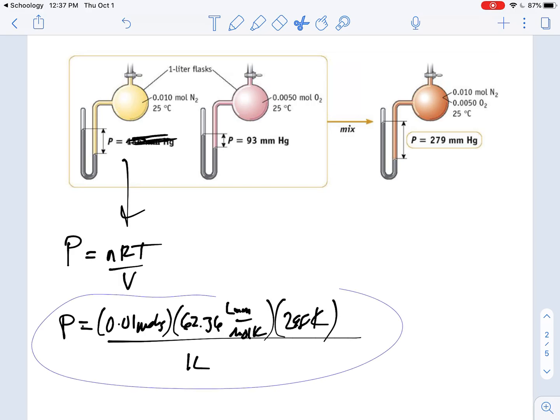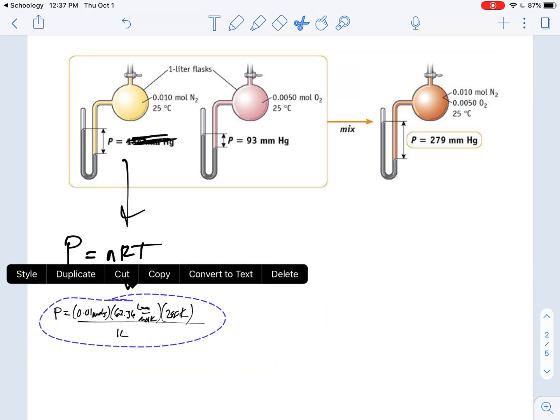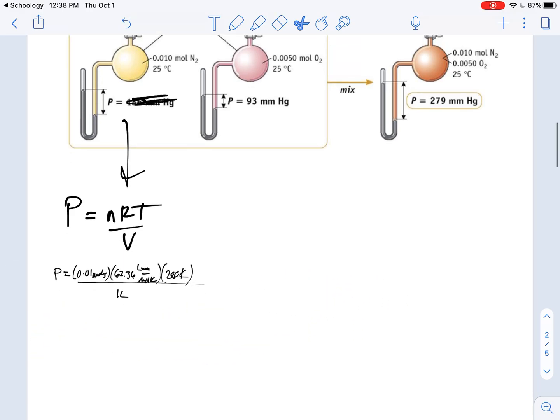If I were to take all of that and do all the math on it, then the pressure for this guy would end up being about 186 millimeters of mercury, which is what it shows there.